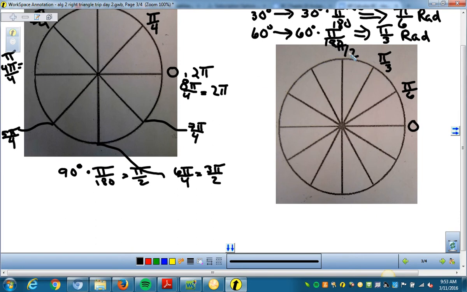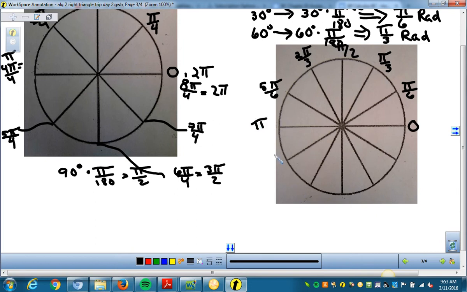The next one is 4 pi 6, which reduces to 2 pi thirds. You can just have the simplified one on this one. The next one is 5 pi 6. The next one is 6 pi 6, which is a pi.